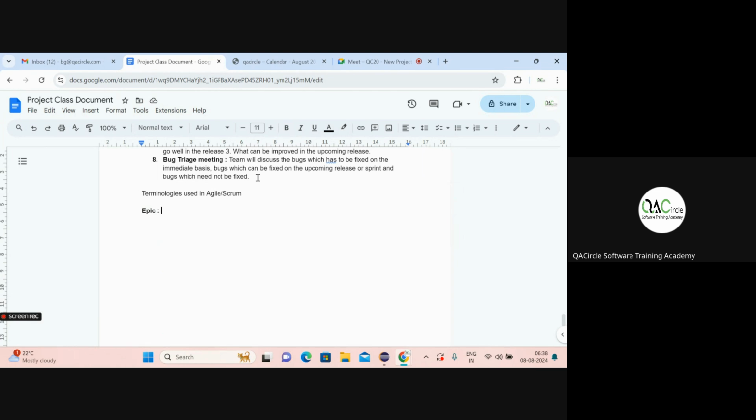A referral example only I'll take. There is an existing application wherein they want to increase the user base, and the business team will come up with the requirement: we want to increase the user base of our application.